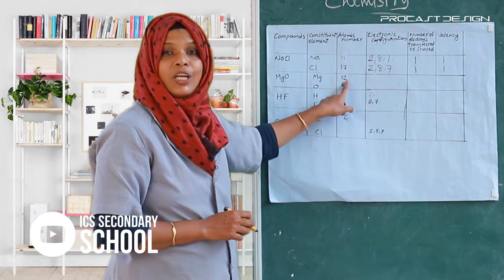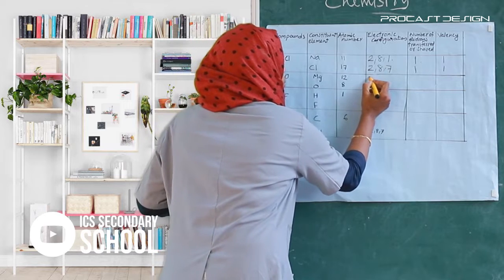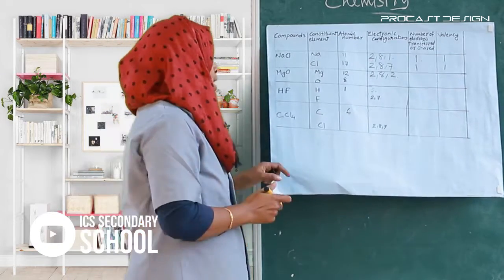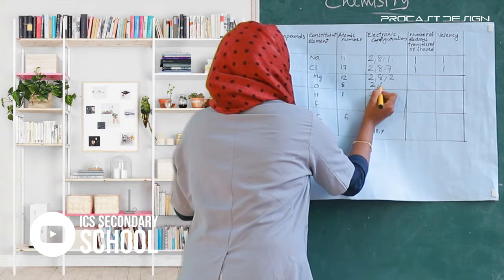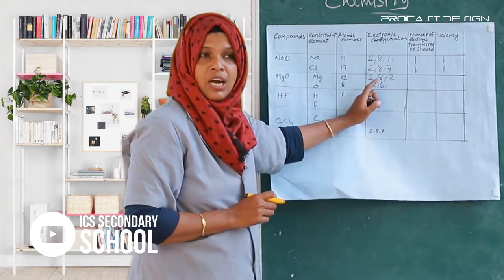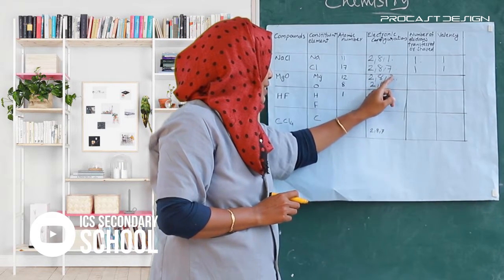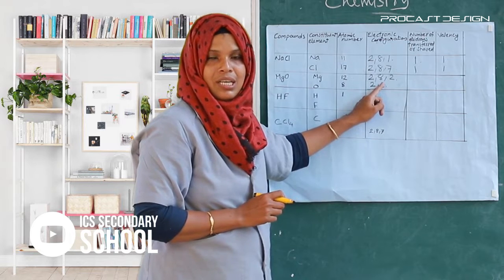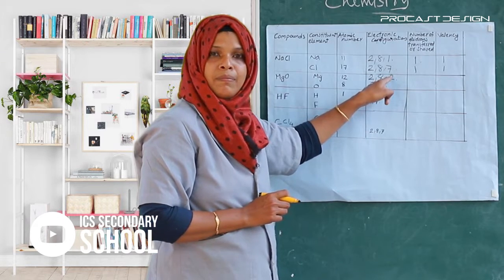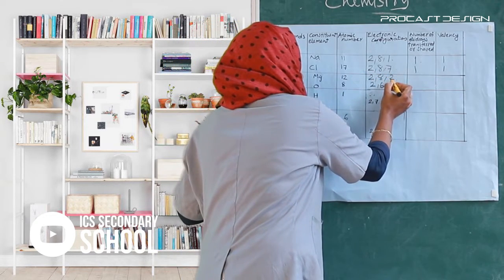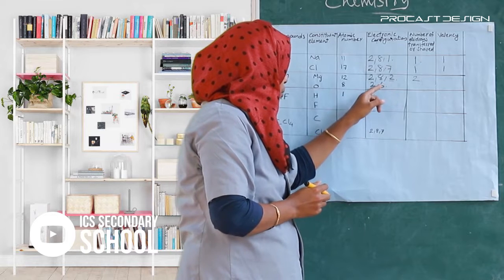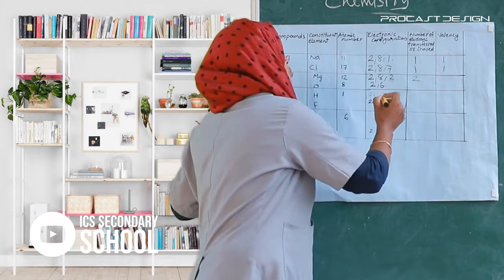First, write the electronic configuration: magnesium is 2, 8, 2 and oxygen is 2, 6. To attain stability, magnesium attains an octet by donating these 2 electrons to the oxygen atom, and the oxygen atom gets an octet by receiving these 2 electrons from magnesium.